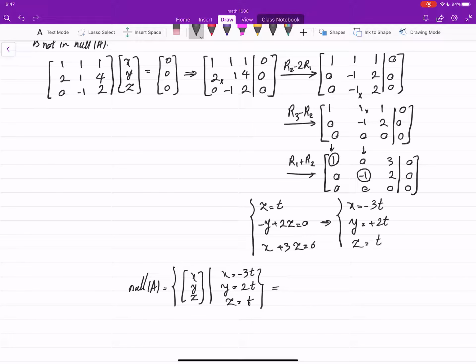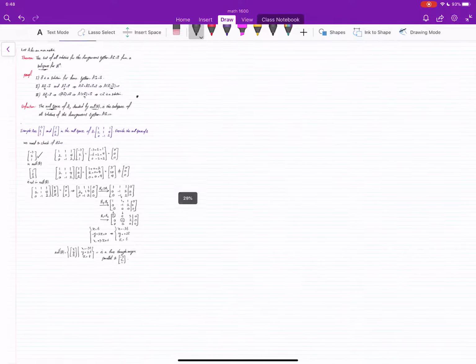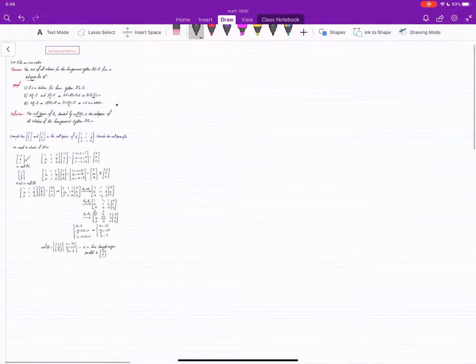As you can see, this is a line through the origin parallel to the vector (-3, 2, 1). That gives you everything that you wanted to know about this one. So the null space is the set of all solutions of the homogeneous system Ax equals 0. We showed that it is a subspace, and we have this notation for the null space.